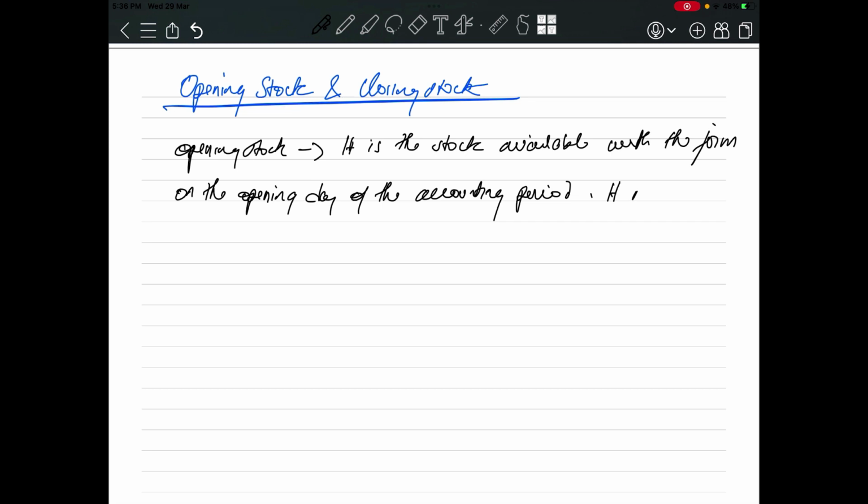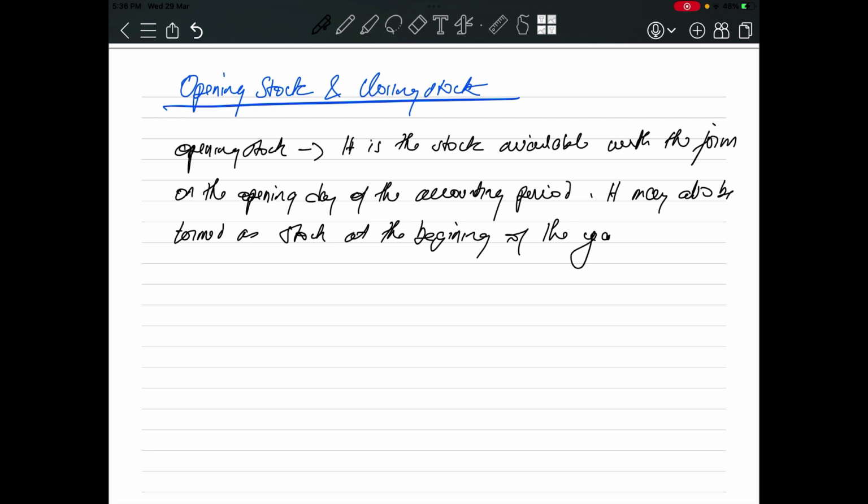It may also be termed as stock at the beginning of the year.